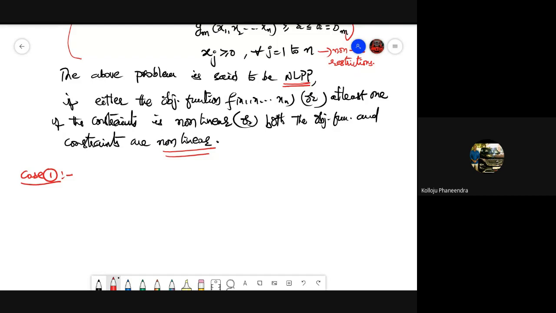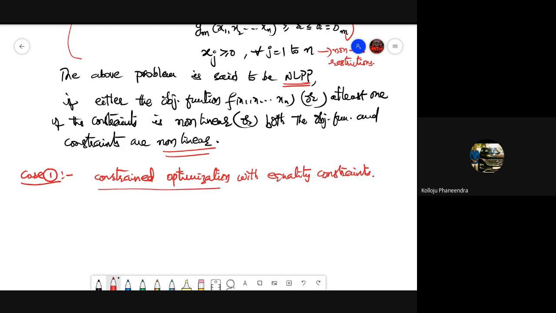Now, case 1 is constrained optimization. Optimization means finding maxima or minima with an equality constraint. Constrained optimization means constraints are there, and the type of constraints is equality constraints.